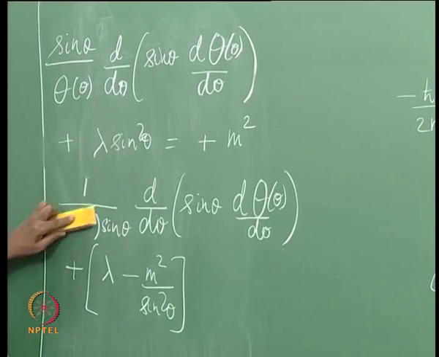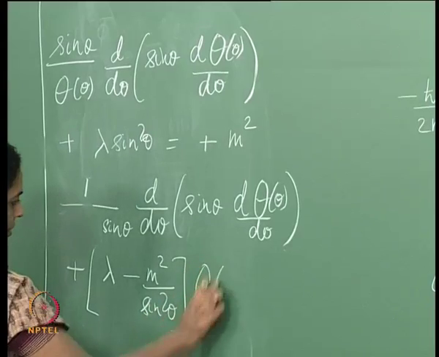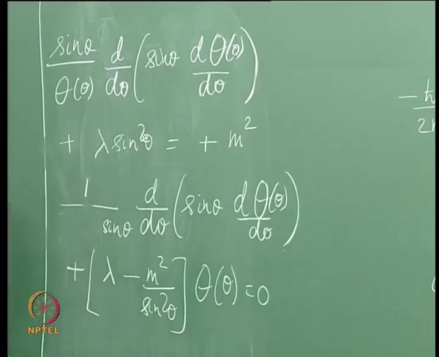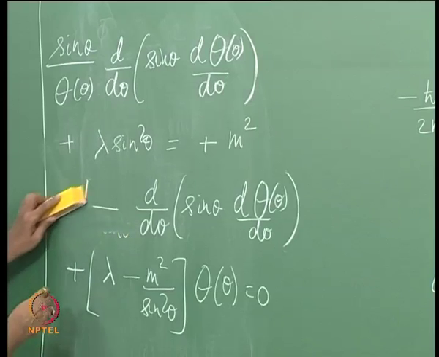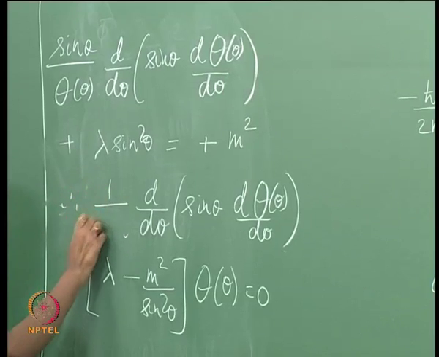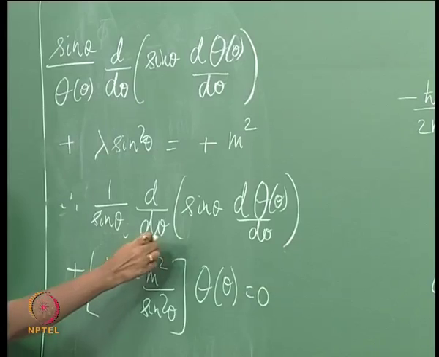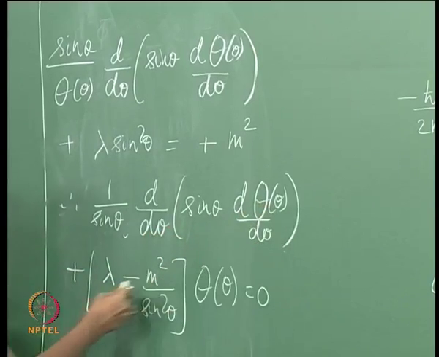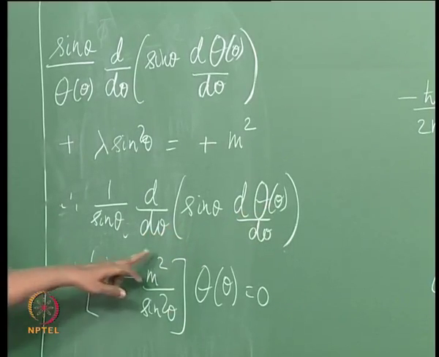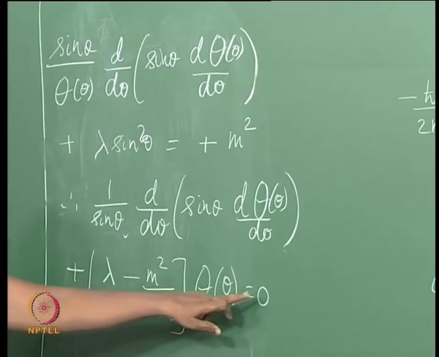So let us multiply by theta of theta, and that is what I have. So I have 1 by sine theta d by d theta of sine theta d theta by d theta plus lambda minus m squared by sine squared theta theta equals 0.